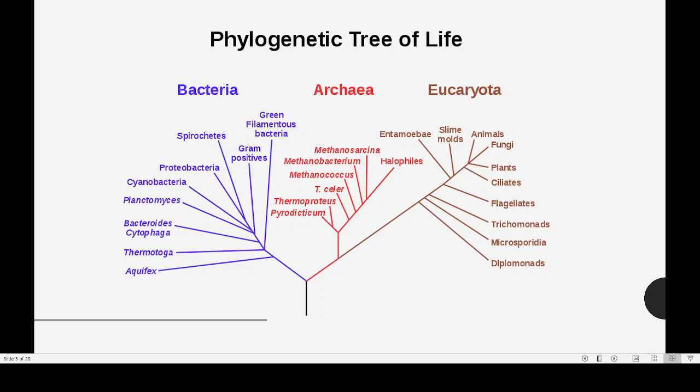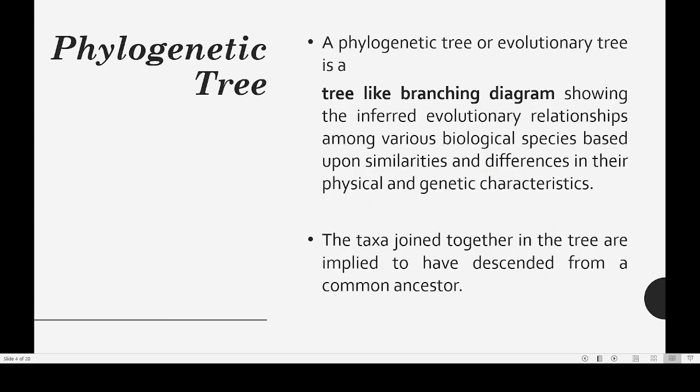It is after their common origin that they have diverged into animals, fungi and plants. So they are more closely related than they are to the other kinds of organisms like bacteria and archaea. These are all more distantly related. So if two organisms are in the same branch, that shows they are more closely related. That is the meaning: taxa joined together in the tree are implied to have descended from a common ancestor.